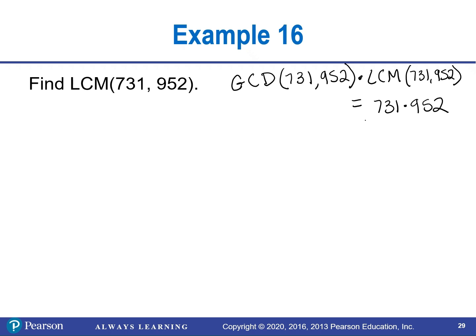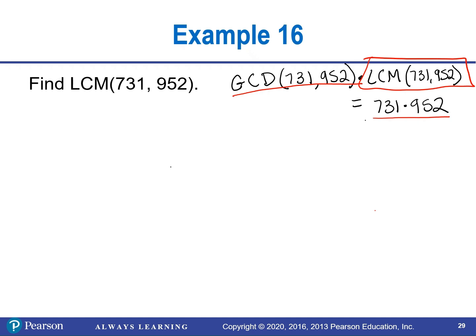So if I can find the greatest common divisor and the product of those two numbers, then I can solve for the LCM. So let's find that greatest common divisor of those two numbers.